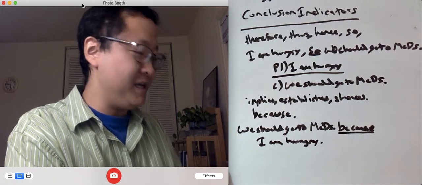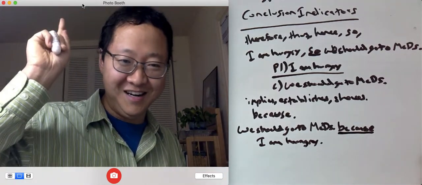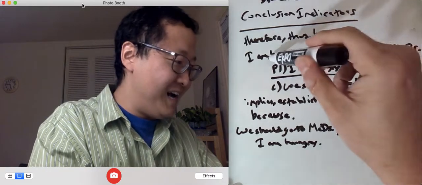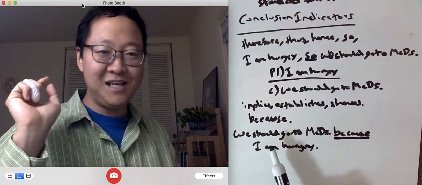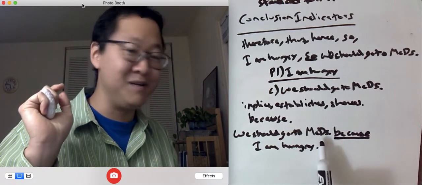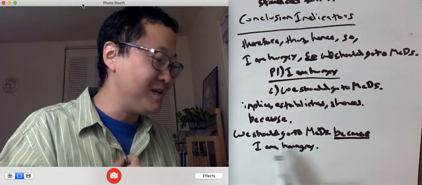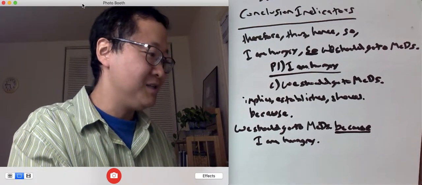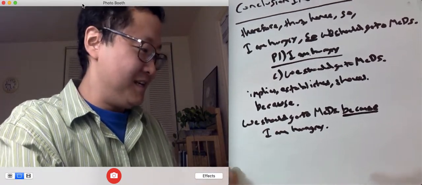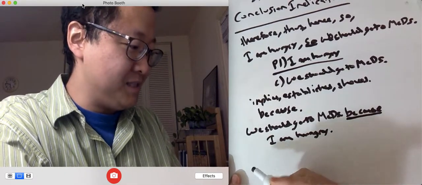You'll see that word because and you're like, conclusion indicator. And unlike I am hungry, so we should go to McDonald's, where the conclusion comes afterward, in this case, the conclusion comes before. We should go to McDonald's. Why? What's your reason? Because I am hungry.